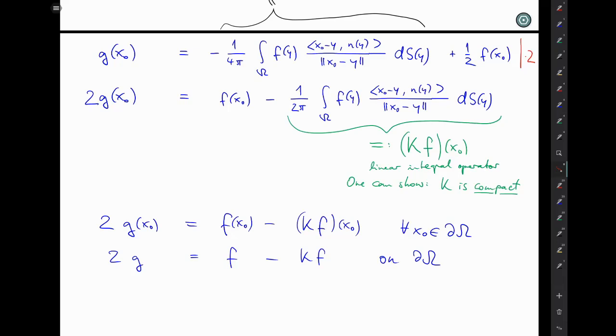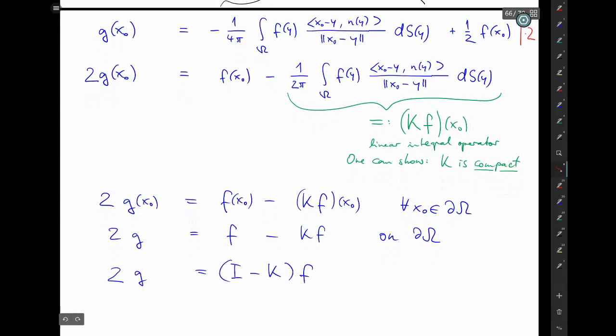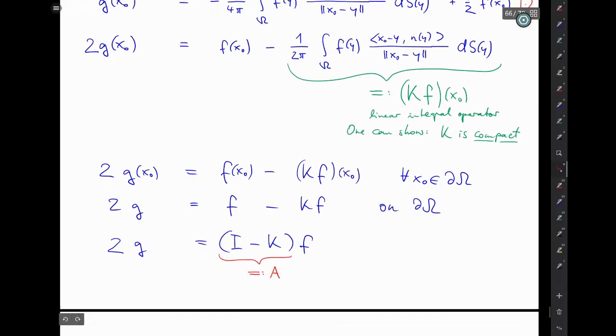And now we're just 2 steps away from a nice and tidy Ax equals b. First step is to say there's the identity operator sitting here, and then to factor this out. And the final step is to denote this I minus K by your A. Okay, of course we could also call this b, but let's not be silly here.